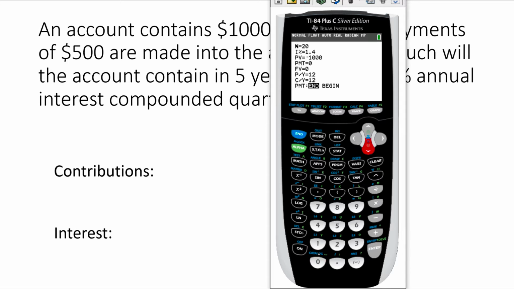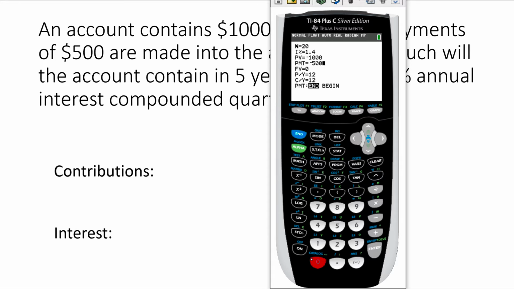The payment, that's the regularly occurring deposit, is $500. That is also money going into the bank, so that is a negative number as well. Now, there are some problems in this unit where you can get away with not knowing where the negatives go. But there are a number of problems where you really need to know which numbers are negative and which are positive.